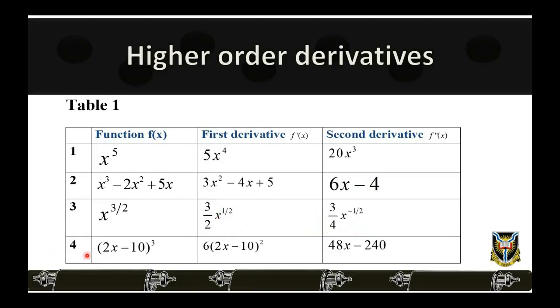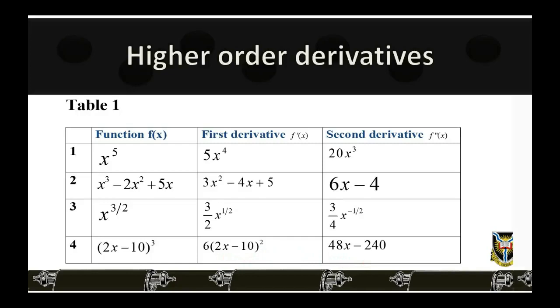The fourth function, 2x minus 10 in bracket to power 3. The first derivative will give us 6 of 2x minus 10 to power 2, and the second derivative will give us 4x squared minus 240 to power 3.